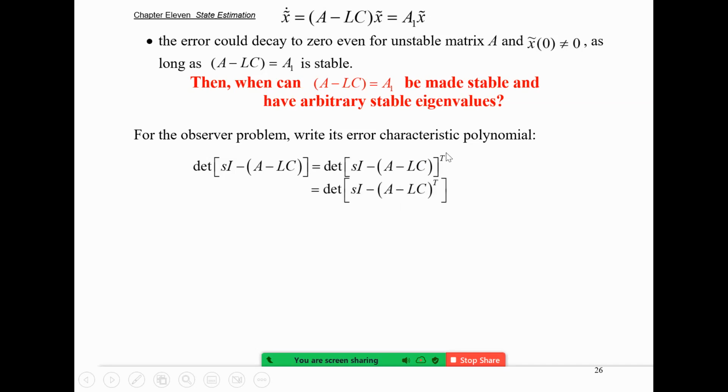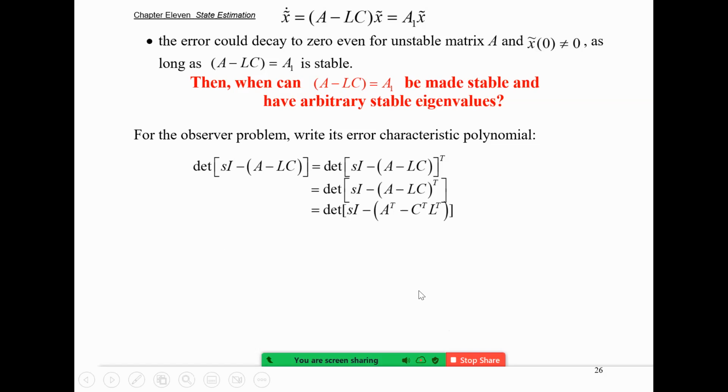Then we take the transpose of this matrix. This is A transpose minus C transpose L transpose, since the transpose of LC becomes C transpose times L transpose. That changes the order of the multiplication when we do the transpose. Remember, that's a very important property of the transpose operation.